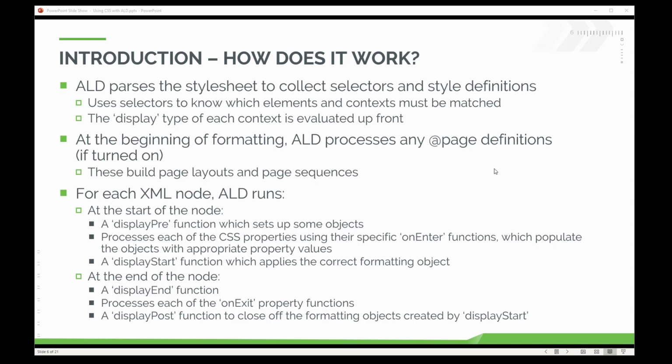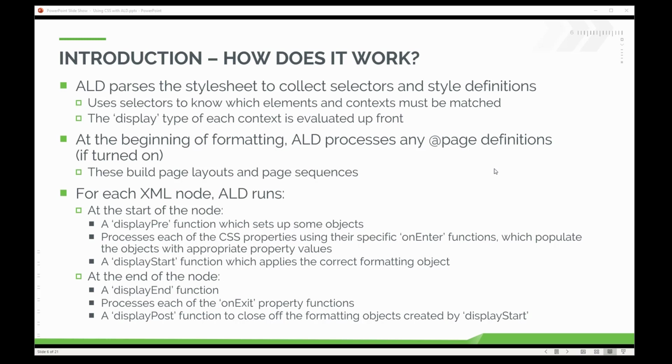As ALD is formatting through the content, at each XML node, it'll run a number of functions. It'll run functions on the way into the node, like the on-enter stuff, and it'll run functions on the way out of the node, so the on-exit stuff. So it runs three sort of groups of functions, really. There's a display pre function, which sets up a bunch of objects and some state information and clears away any sort of legacy stuff. Then it will process each of the CSS properties which are defined for that context using their on-enter function.